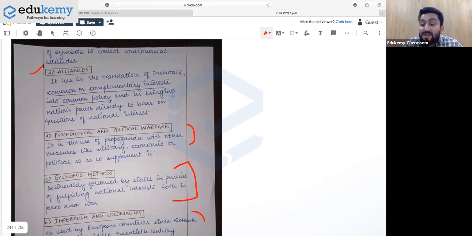For example, we establish an alliance for mutual security. We establish an alliance on the basis of mutual economic cooperation. We establish an alliance on the basis of technological cooperation, right? Yes, for security cooperation, for example, the Quad.